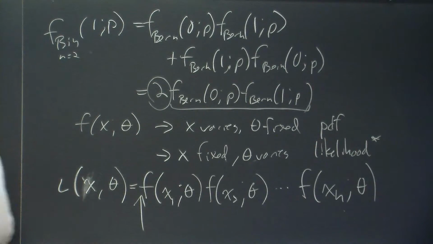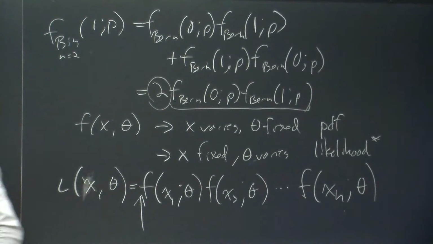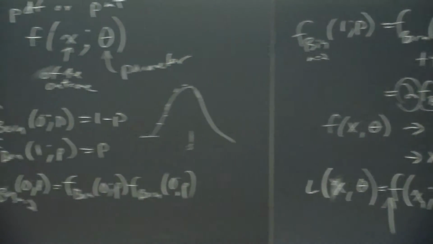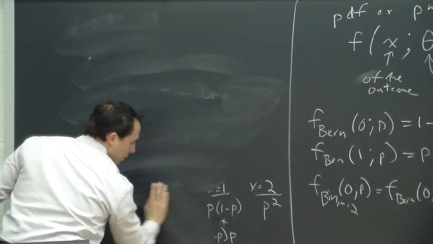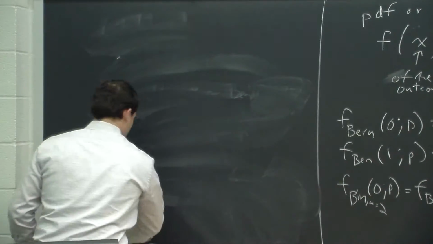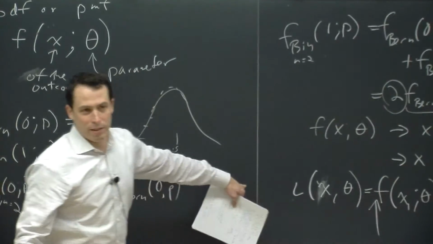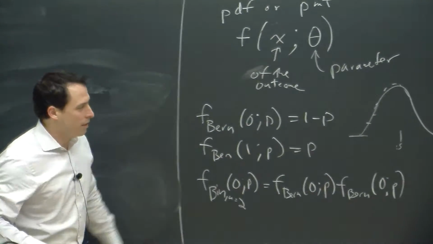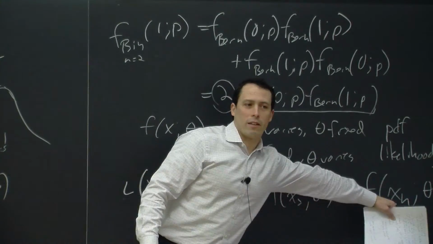Now, for various reasons, these are all probabilities and they're small numbers, and multiplying small numbers is usually a bad idea on a computer. And it's also hard to compute things by hand. And so for those reasons and other reasons, we usually work not with the likelihood function, but with the log likelihood function, which is the logarithm of the likelihood. And then this multiplication becomes a sum of the log of these numbers.